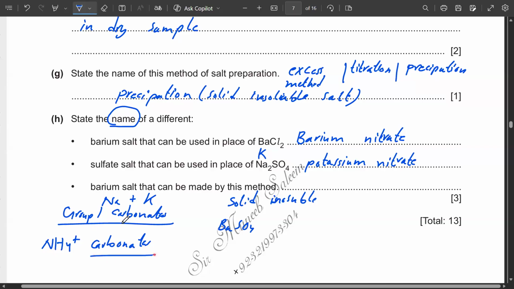And among the carbonates, only these are soluble, which means barium carbonate is insoluble. BaCO3.